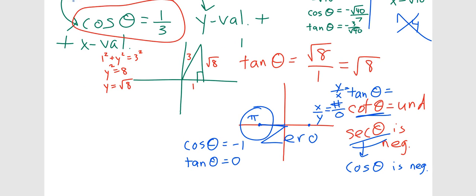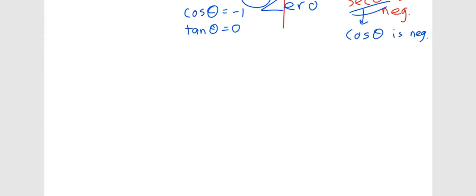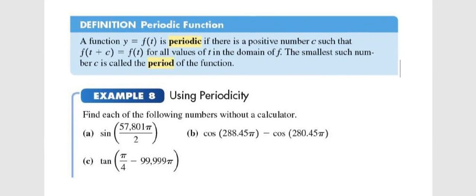So yes, most of the time you can draw a triangle, sometimes you can't. That will throw you back to the unit circle, because you'll be dealing with one of the axes. You'll be sitting directly on the axes. So that's how we handle that one.